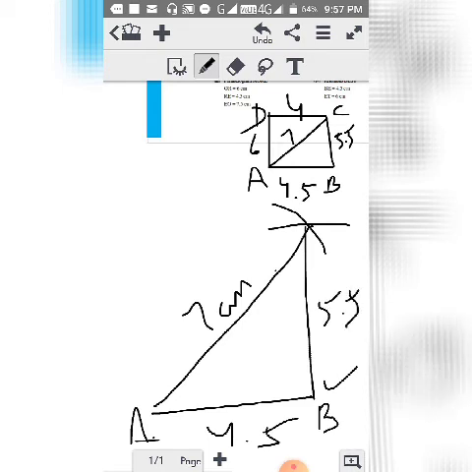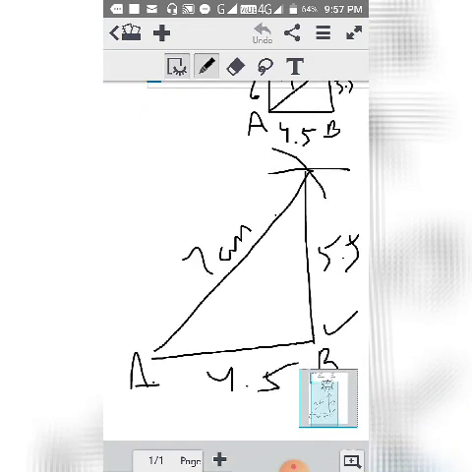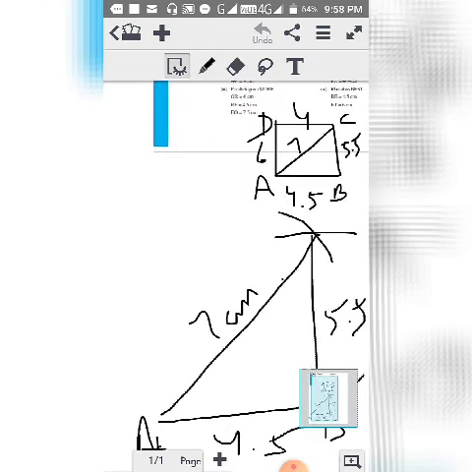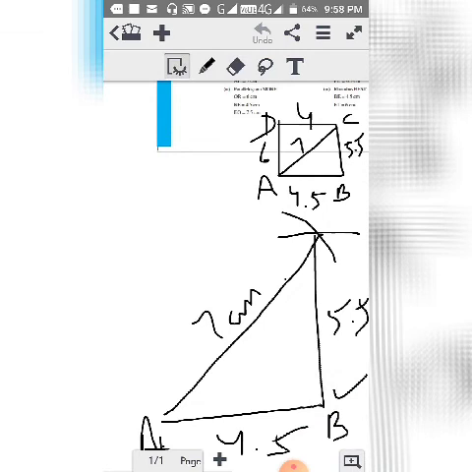Now we have made one part of the figure, ABC. So ABC we have already made. Now we have to make the remaining part of the figure. The remaining part means CDA. Now we will measure 4 centimeter in the compass.